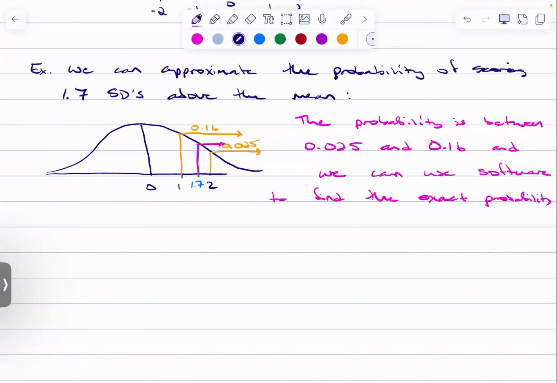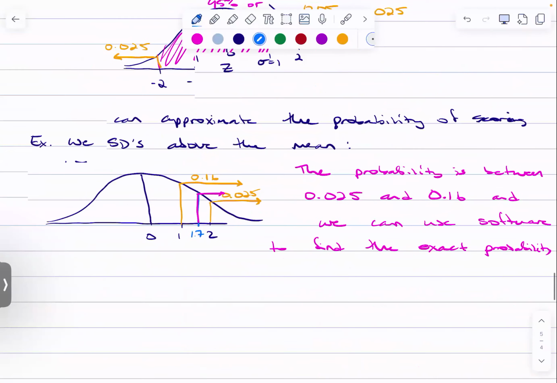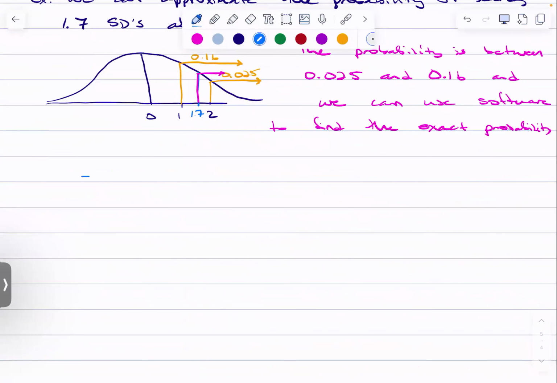And so I'll use the same format here. 99.7%. Why don't we round that up to 100? Because then we'd have to go to negative infinity and positive infinity. We don't want to do that, right?